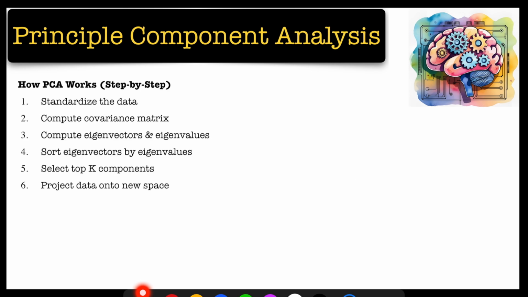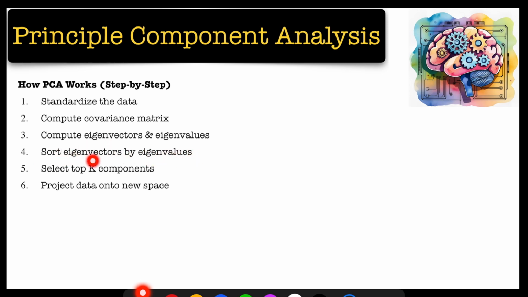Lastly, see how PCA works. If we are given some data, how do we compute the principal components? How do we compute the projections of the data on the principal components? First, we'll standardize the data. Then we'll compute the covariance matrix. We'll compute eigenvectors and eigenvalues of this covariance matrix. Then we'll sort the eigenvectors by eigenvalues.